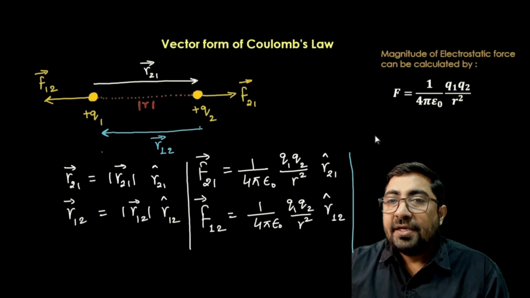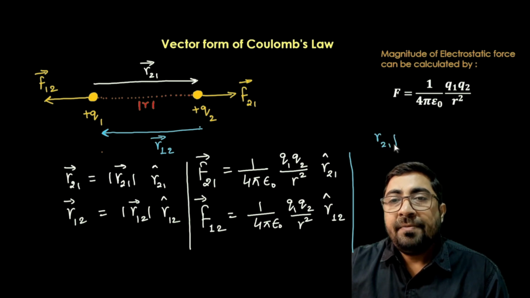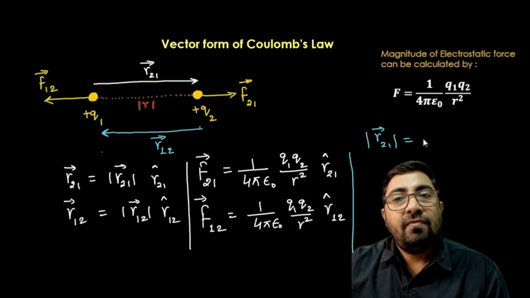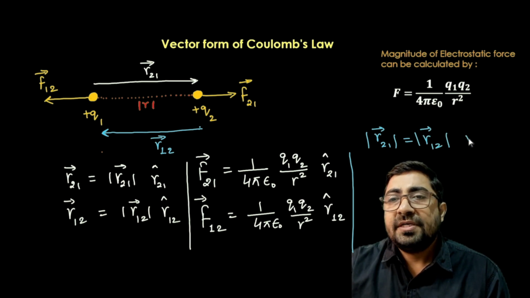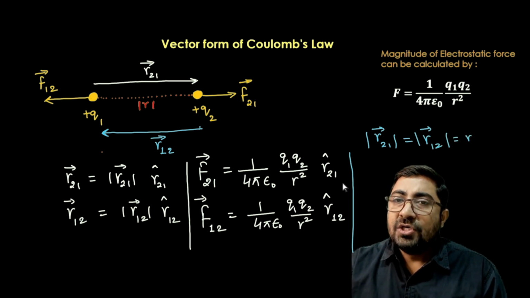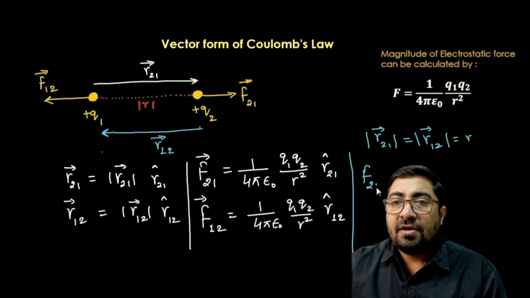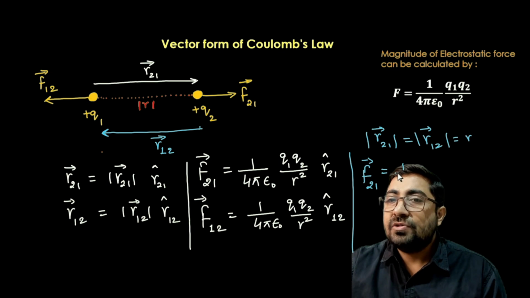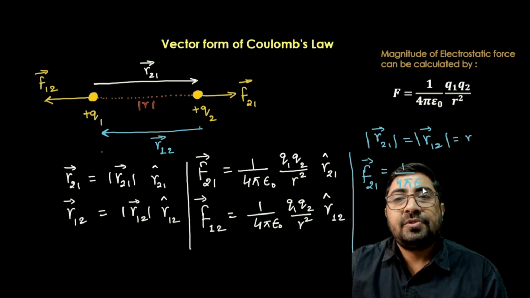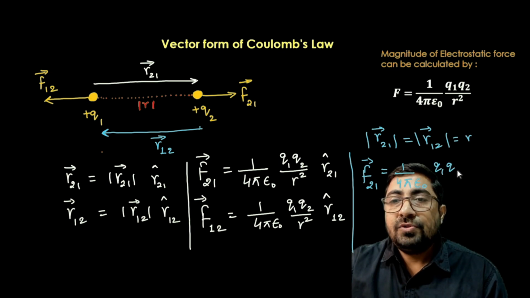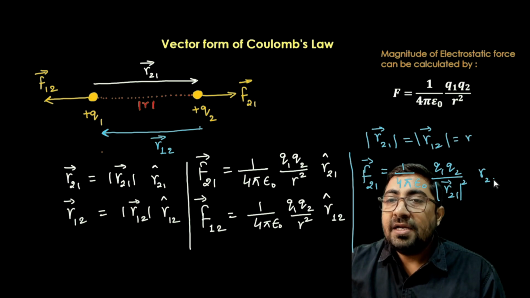Since we know that the magnitude of vector r21 is equal to the magnitude of vector r12, which is the distance between the two charges, I can write these two forces in this format: F21 vector is equal to 1 upon 4 pi epsilon naught q1 q2 upon r21 square, with the magnitude, times r21 cap.